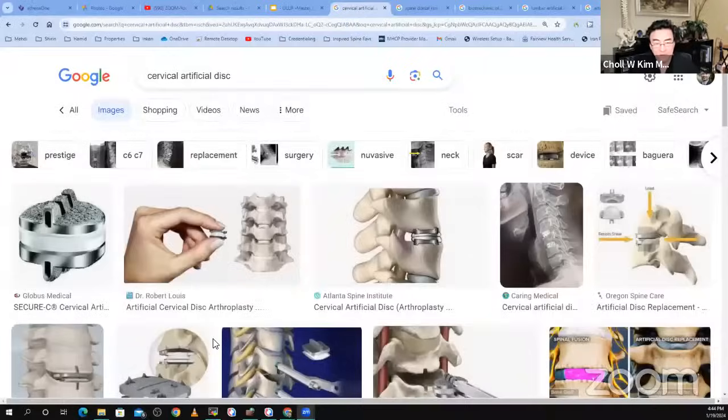I want to reiterate the difference. The difference between a disc replacement surgery in the lumbar spine and a disc replacement surgery in the cervical spine is huge. The cervical spine disc replacement experience has been very, very positive, and I love cervical disc replacement surgery. And the indications, the reason to do that versus a fusion, are much wider than in the lumbar spine for a variety of reasons.